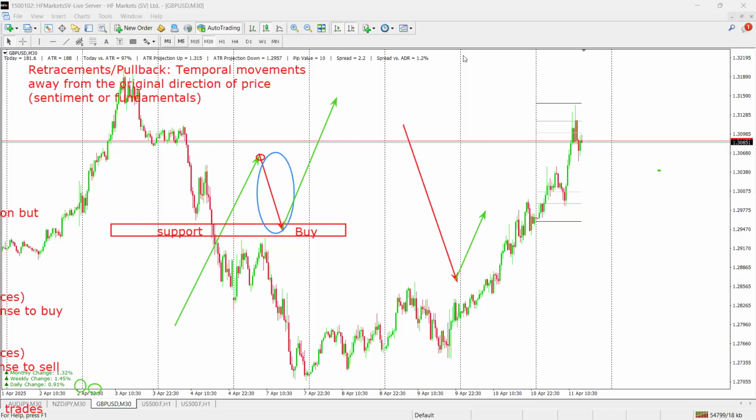We just count a good level of resistance. Once we find a good level of resistance, we go there and then we look for opportunity to sell again.